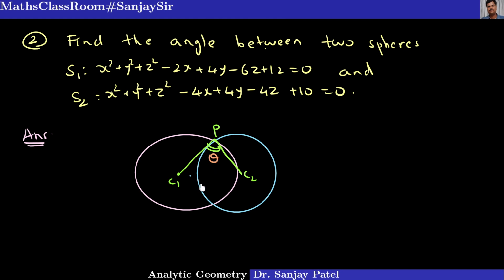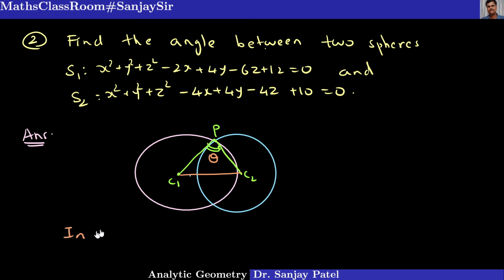So it is clear that this angle is the angle between these two radii, and to find the angle, I will be using this triangle. Let us join C1 C2, and I will be using the cosine formula to find the angle between two sides of a triangle.